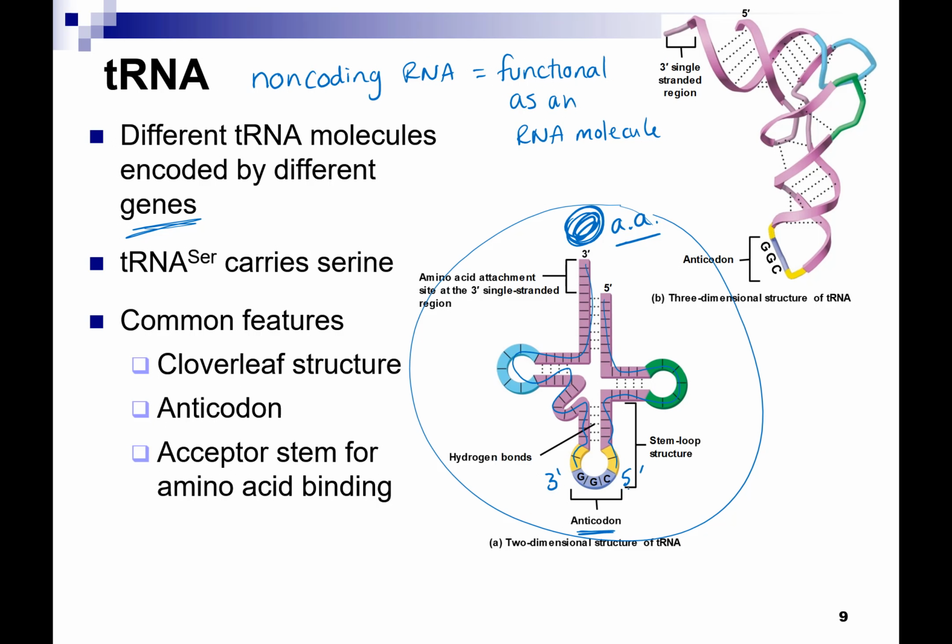Okay. So the anticodon is also 3 nucleotides of RNA, which is antiparallel, and base pairs to the mRNA codon.